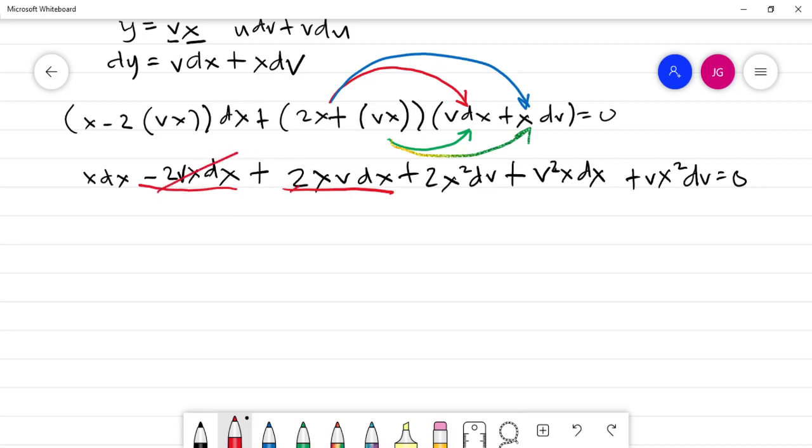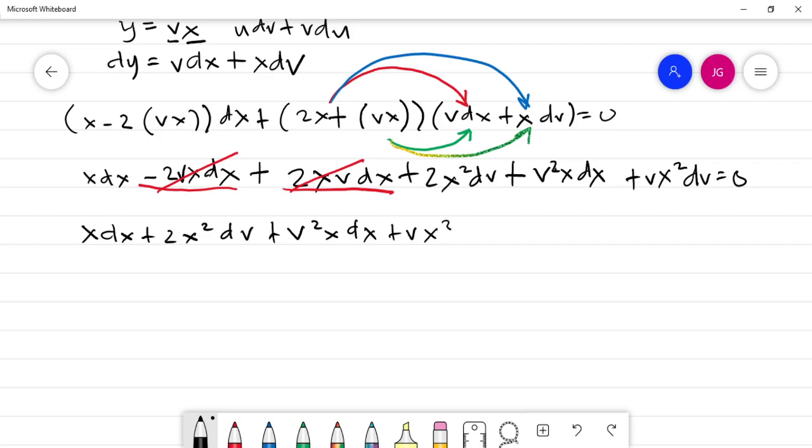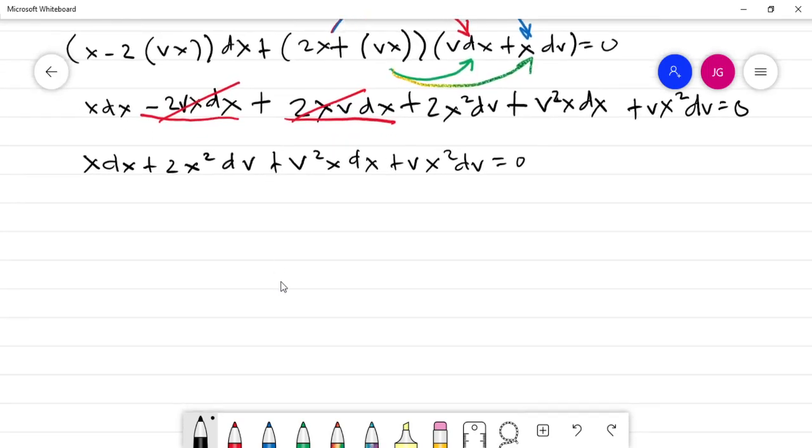Then the remaining equation is x dx plus 2x squared dv plus v squared x dx plus vx squared dv is equal to 0.